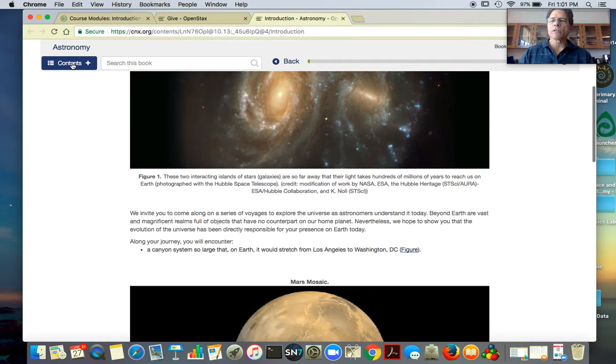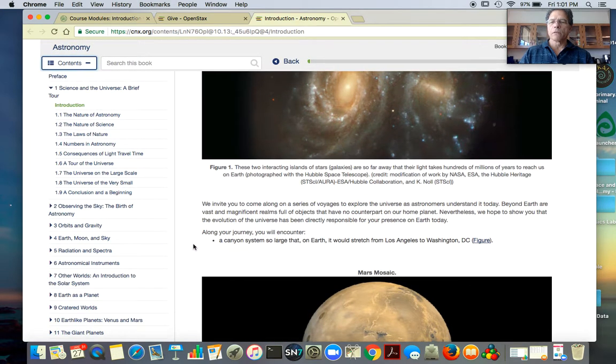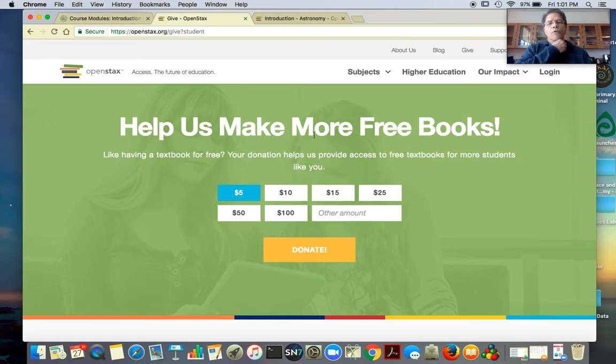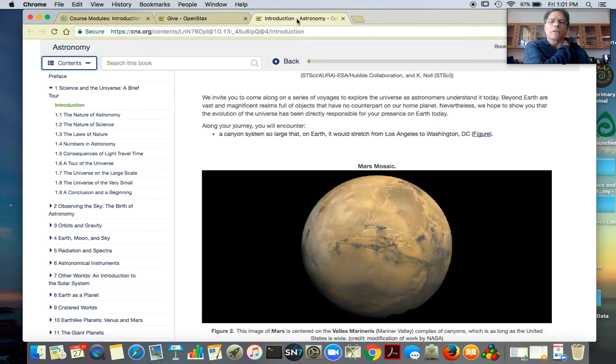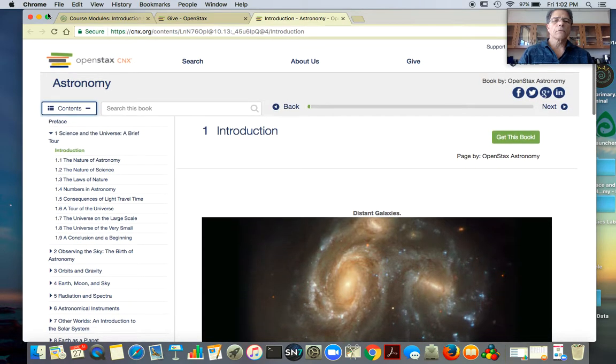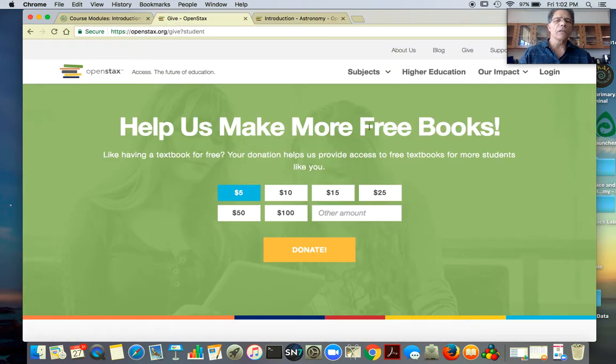So here's the book. It's a very good book, and OpenStax is a project that is funded by several foundations and is led by Rice University.